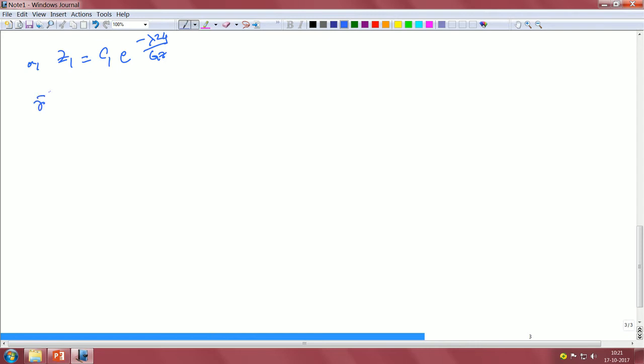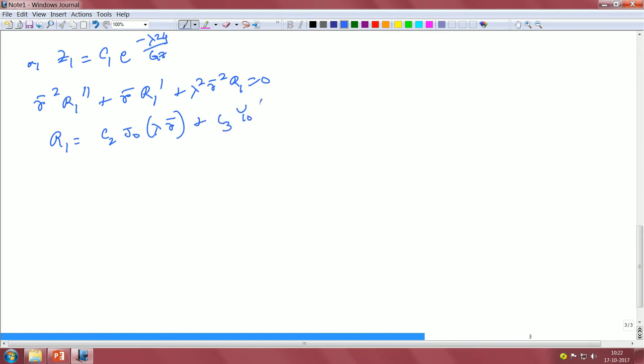On the other hand, R1 is basically C2 J naught of lambda r bar plus C3 Y naught of lambda r bar.